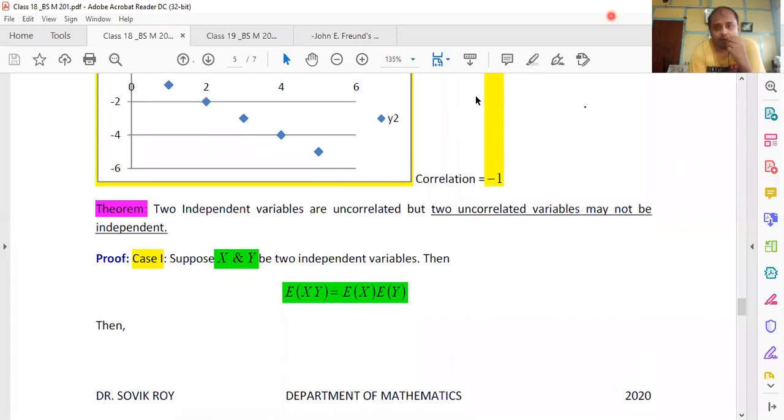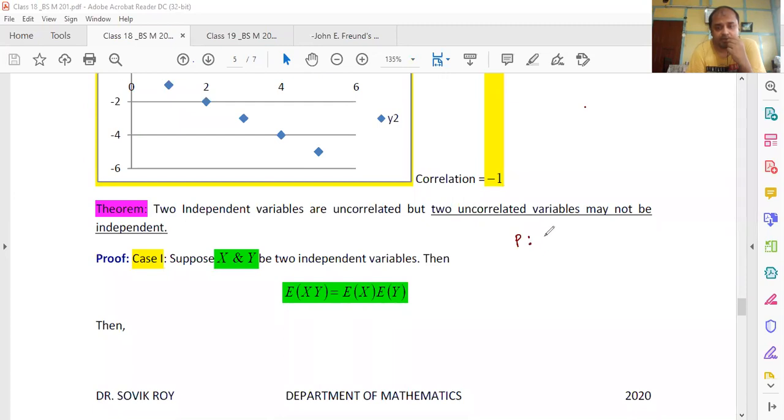Now you carefully observe this particular theorem. This theorem is very important. What is this theorem saying? We are going to prove this theorem first of all. The theorem is saying that two independent variables are uncorrelated, but two uncorrelated variables may not be independent. Suppose I am considering two statements.